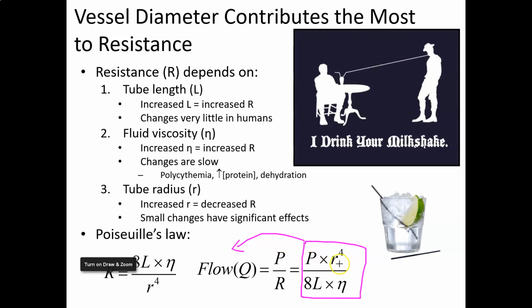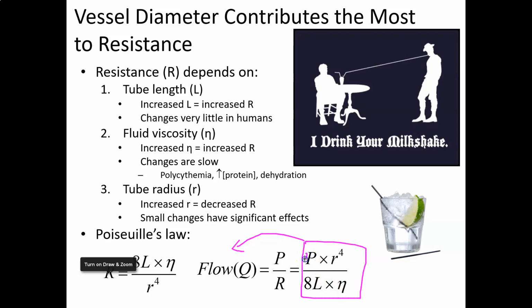So if I said, okay, what would happen to flow if pressure doubled? Well, if the difference in pressure doubled, it's directly proportional, so flow would go up. What would happen to flow if viscosity doubled? Since viscosity goes up, it's inversely proportional, so flow would go down. What would happen if we doubled pressure and doubled viscosity at the same time?